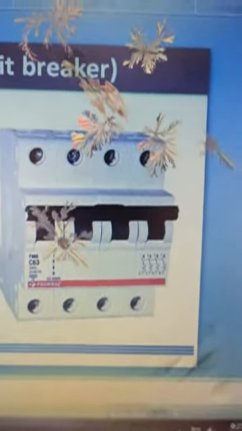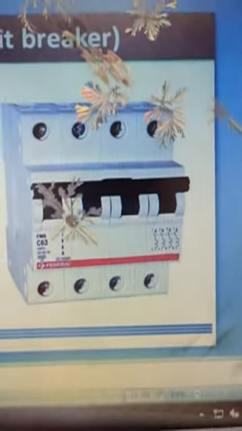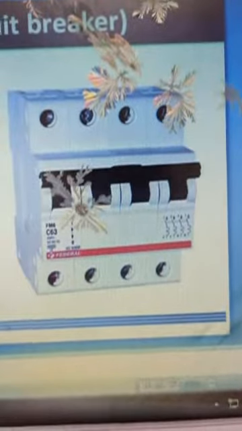Then the next type is MCCB, that is molded case circuit breaker. MCCB comes with an adjustable characteristic for higher models, about 2500 ampere or as low as 10. Interrupting rating can be 10,000 ampere to 20,000 ampere.